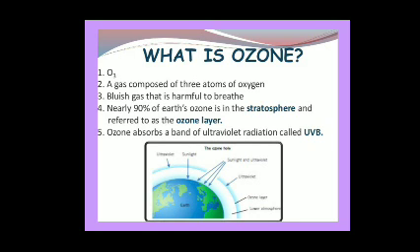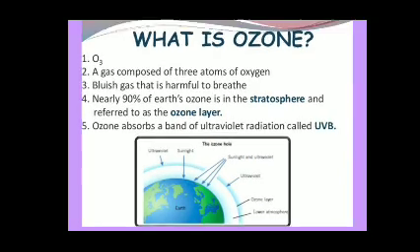In the lower mesosphere, atmospheric oxygen gets dissociated and subsequently combines with molecular oxygen in the upper stratosphere, producing ozone. Ozone absorbs UV rays, called UVB.